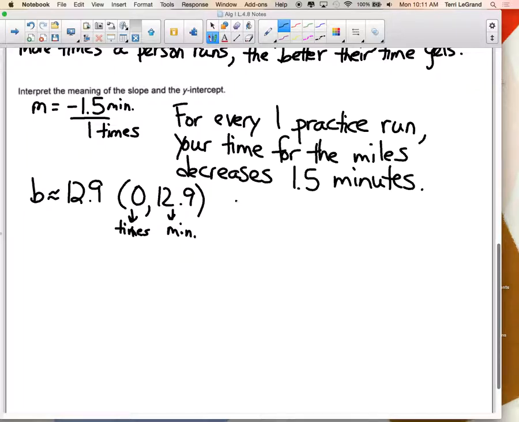It starts at the initial time it takes to run the mile. Without any practice runs? You've got to run to run the mile, right? Yeah.